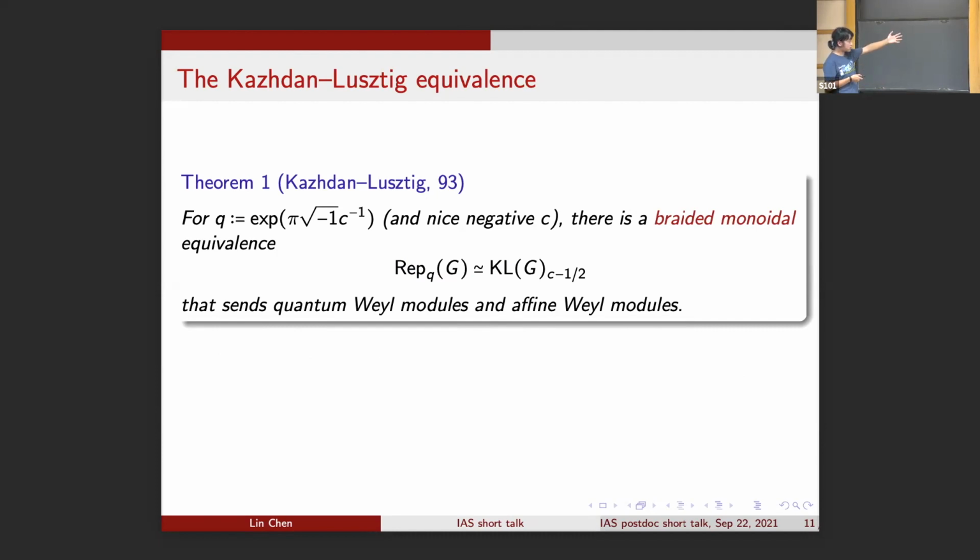Such an equivalence would allow you to translate problems about the quantum group to problems about the Kazhdan-Lusztig category, and further to something about geometry. By geometry, I mean something on, say, a finite variety and the Bruhat cells of it, and you have much more methods to study them. There are indeed some results that can be proven by translating a problem to the other side.